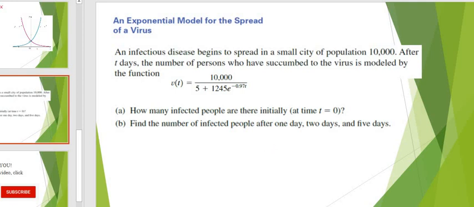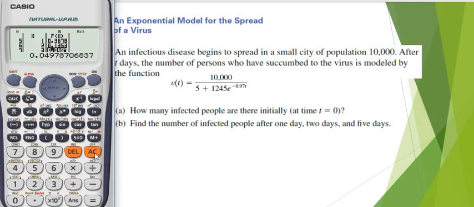Again, we will use the table function. We'll use parentheses: 10,000 divided by this expression here.